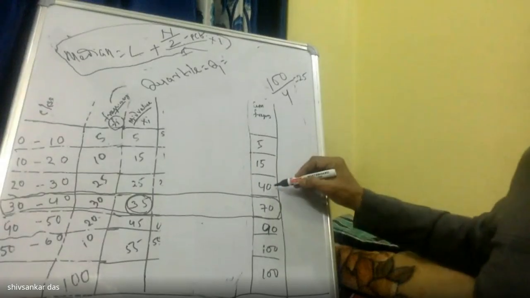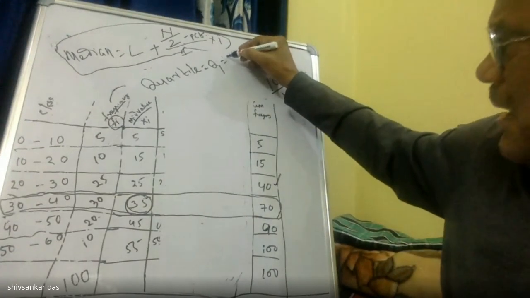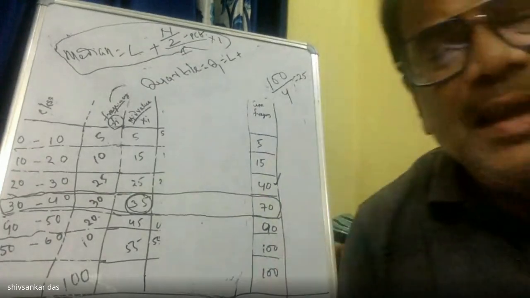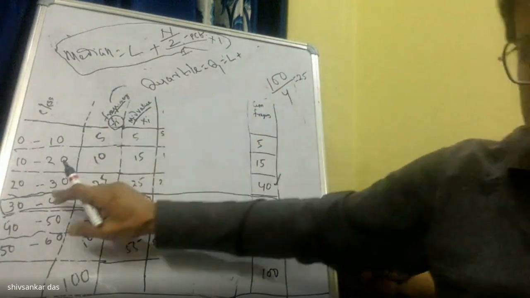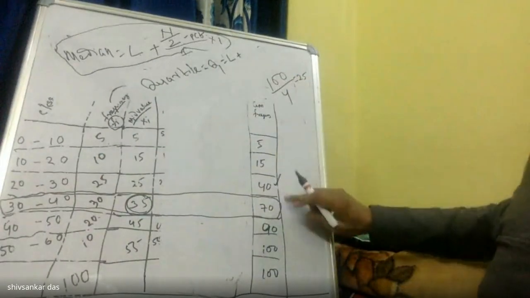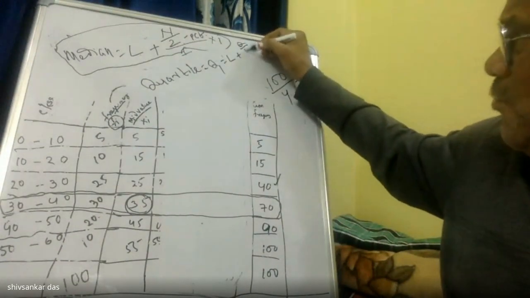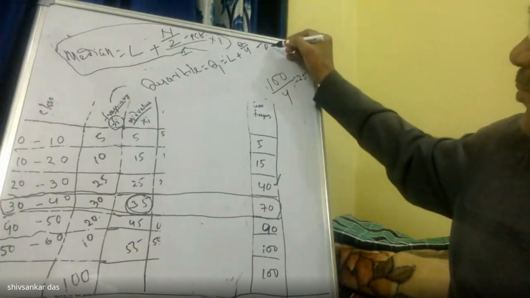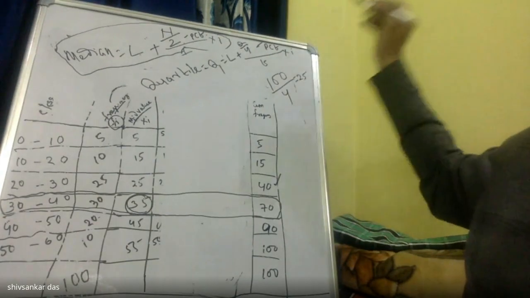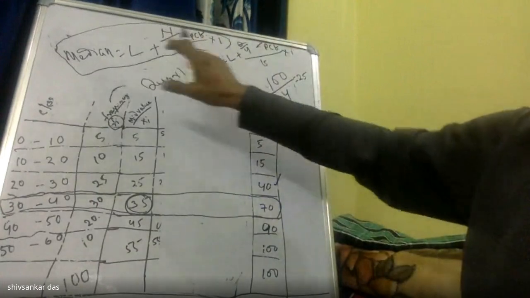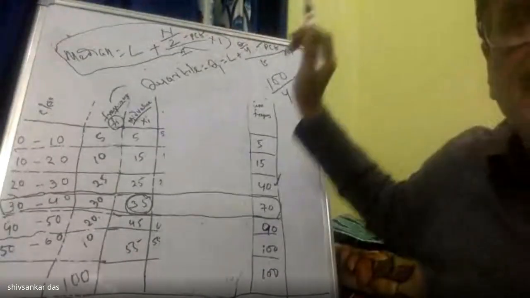So the Q1 formula will be L plus, where L is the lower limit of the quartile 1 range, plus Q by 4 minus PCF divided by F into I. Almost similar. What only changes is n by 2 becomes n by 4, otherwise everything is the same.